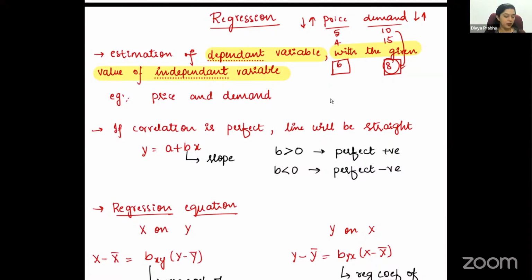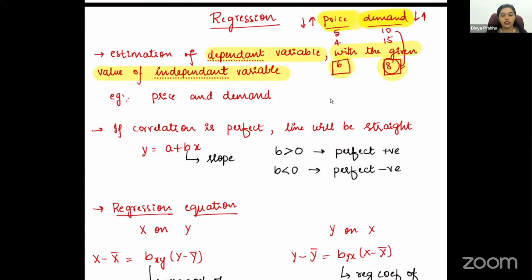Okay, I received one answer where demand is dependent and price is independent. Very good. So price is the independent variable here, because when the price increases or decreases, it will affect the demand. Demand is the dependent variable. So regression is the estimation of the dependent variable at a given value of the independent variable. Like we saw, when the price was 6, we estimated what the demand will be.